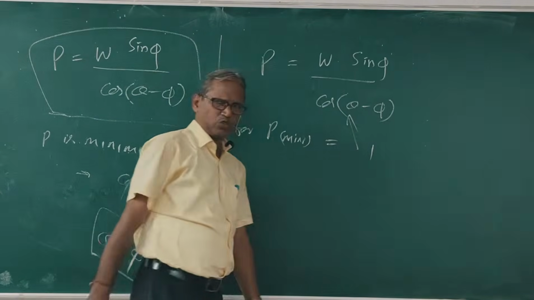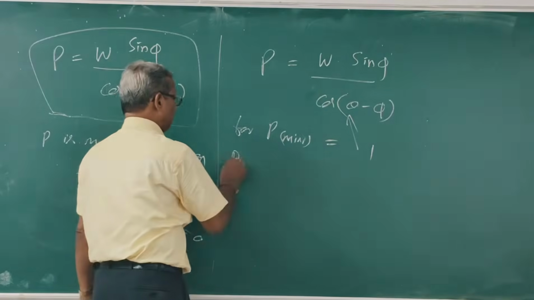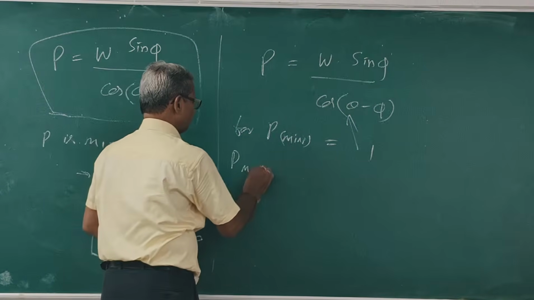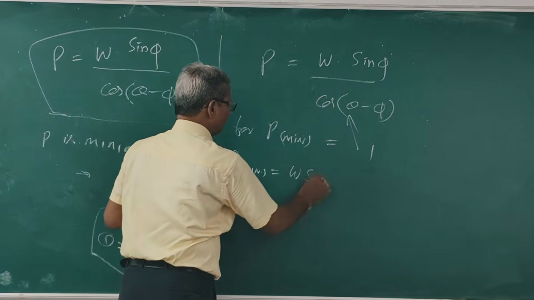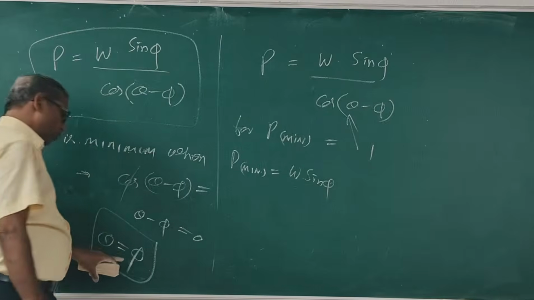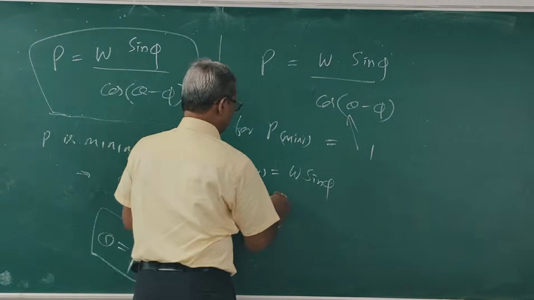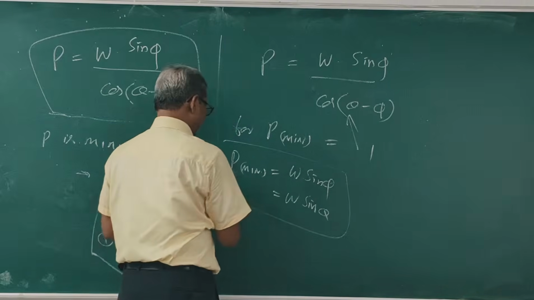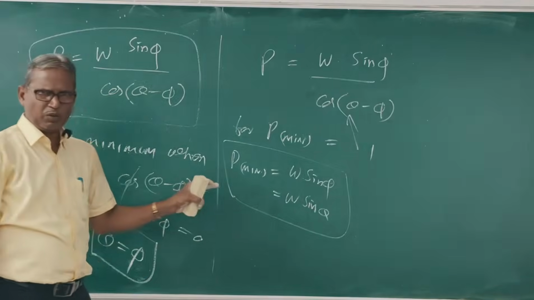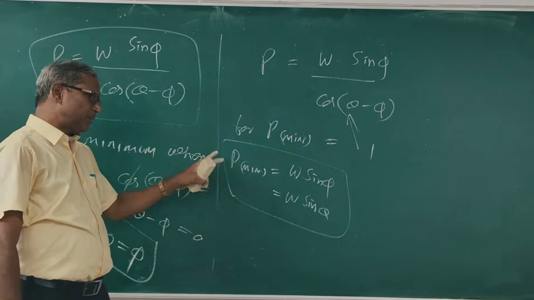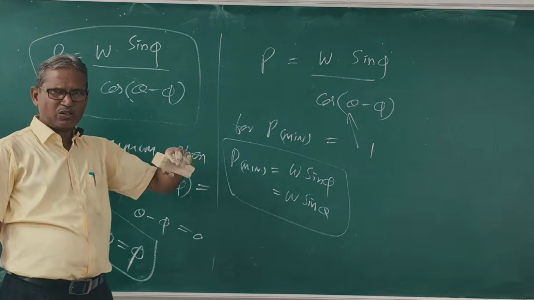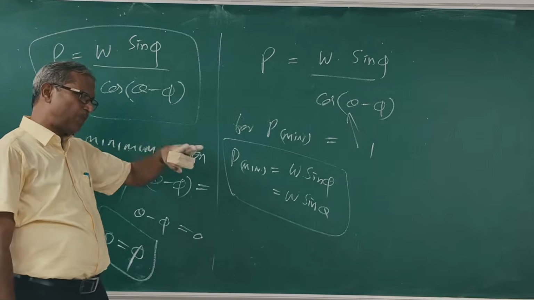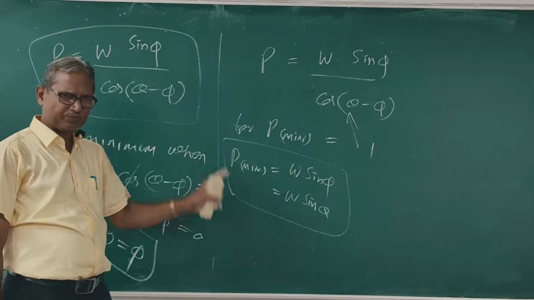So P minimum is equal to W sin phi, or since phi is equal to theta, W sin theta. This is the minimum value of P at which the body slides or tends to slide or moves or tends to move on a rough horizontal plane.